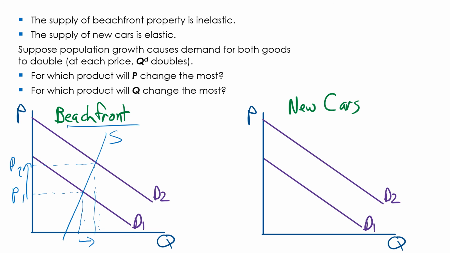Now what happens if we have a flat supply curve? What's the difference here? Now it's very elastic, right? So even small changes in price can lead to a large impact on the quantity that is supplied to the market.